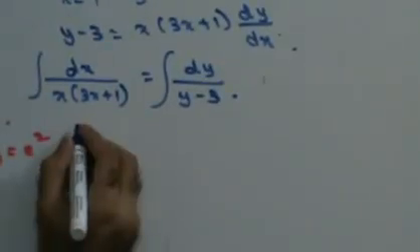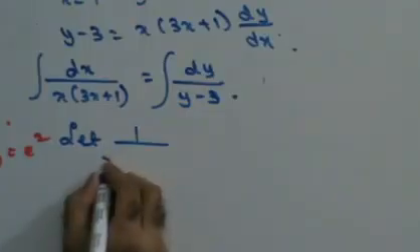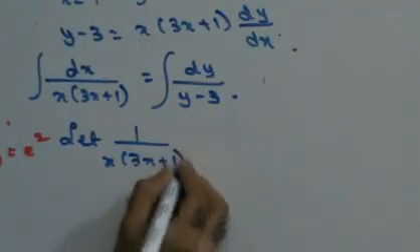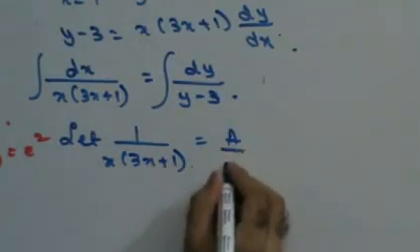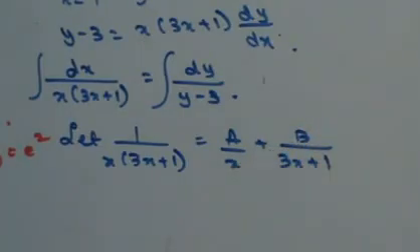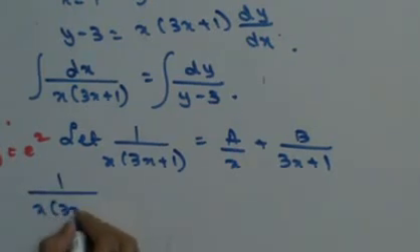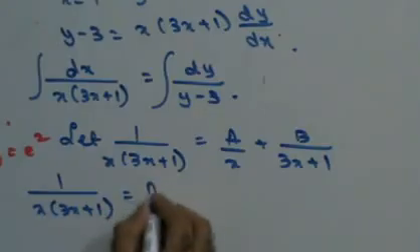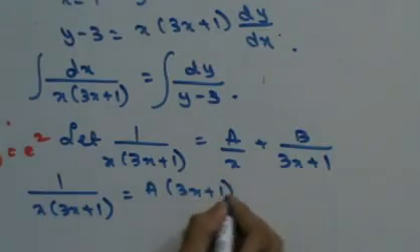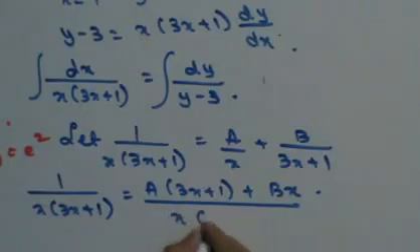Now, let us assume that 1 upon x into 3x plus 1 is a upon x plus b upon 3x plus 1, partial fractions, right? So in that case this will be 1 upon x into 3x plus 1 is going to be a times 3x plus 1 plus b times x upon x into 3x plus 1.